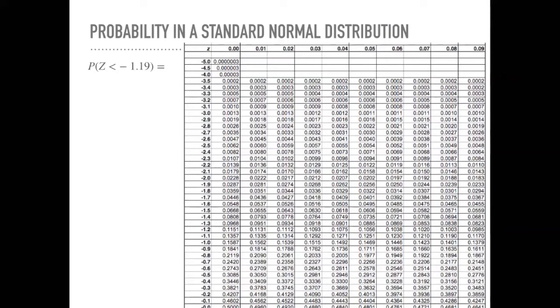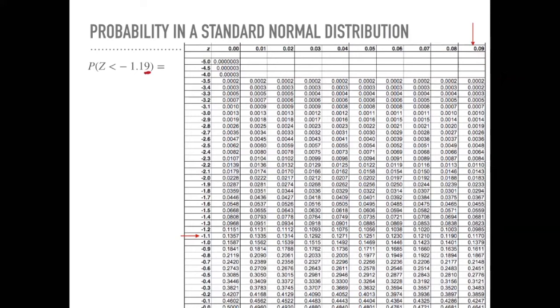So if we were looking for the probability that z is less than negative 1.19, we are going to come down here, and we are going to find negative 1.1. So we'll be right there. And then the last digit here, this 9, is going to come from this other column over yonder.